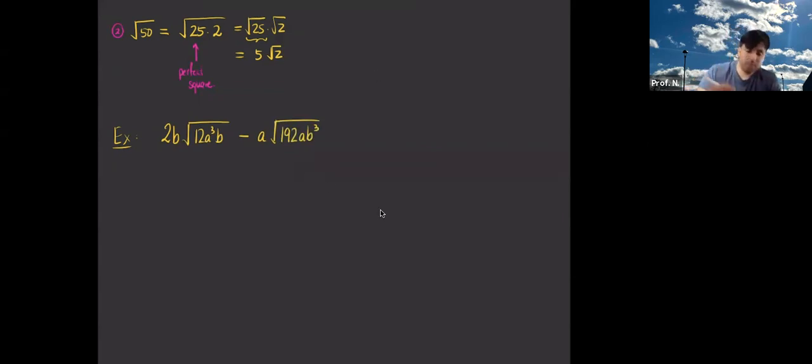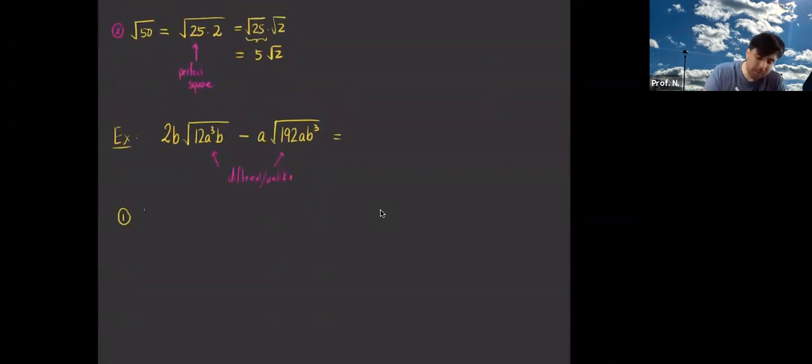So I have two radicals, and as of right now, they have two different expressions underneath the radicals, so I can't really combine them, right? So these are different, unlike. So what we try to do is, can we break them down to something that is the same? So that's something we also have to check, right?